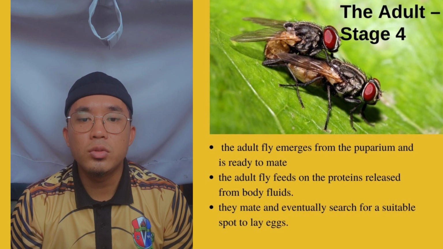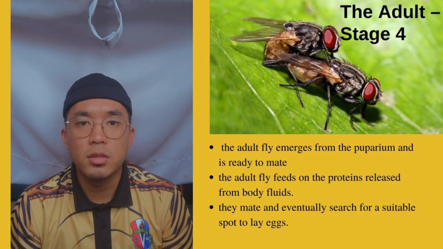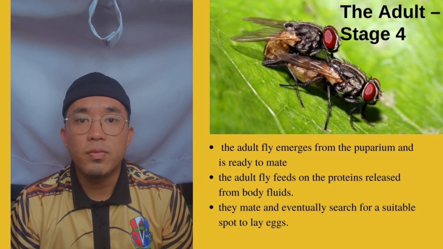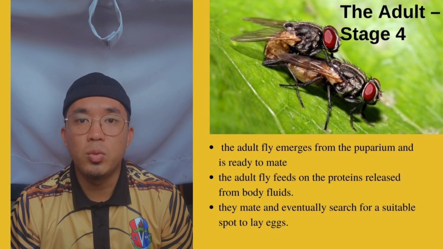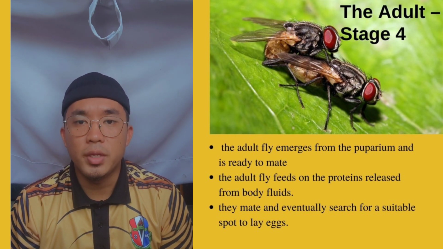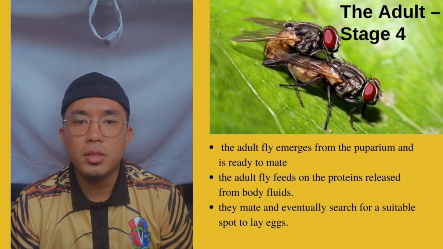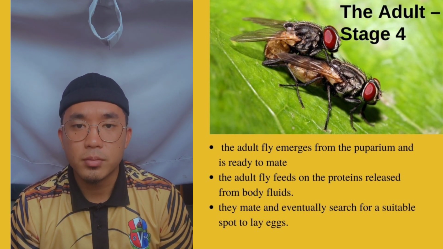And last, we go through to stage number 4, the adult. During this stage, the adult fly emerges from the puparium and is ready to mate. The adult flies are sexually mature and begin the process of mating. Here, the adult fly feeds on the protein released from body fluid.